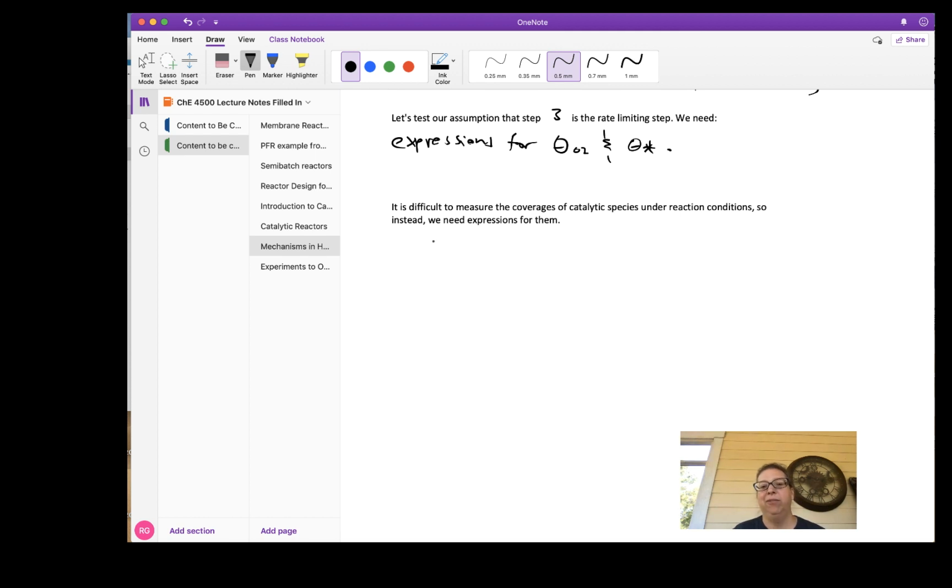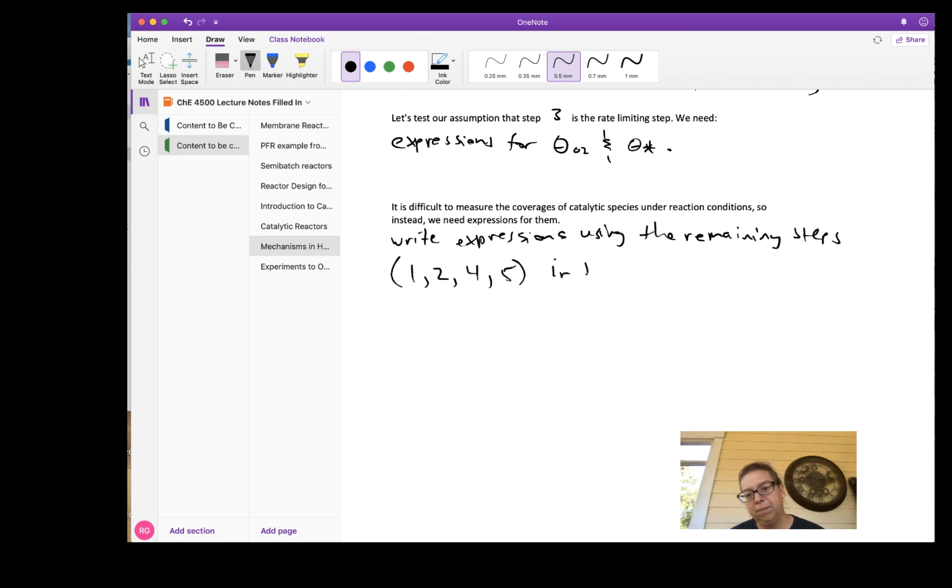So instead of measuring them and knowing them, we need expressions for them. So we're going to write expressions for those using our mechanism, using the remaining steps, and that would be 1, 2, 4, and 5 in the mechanism.